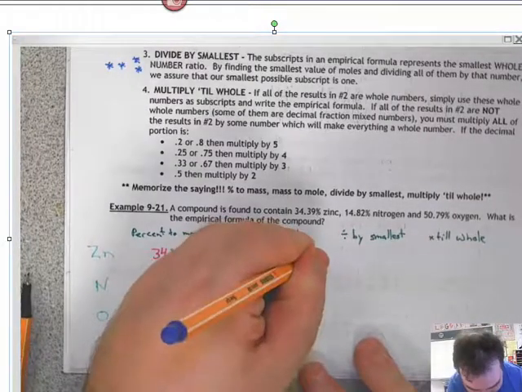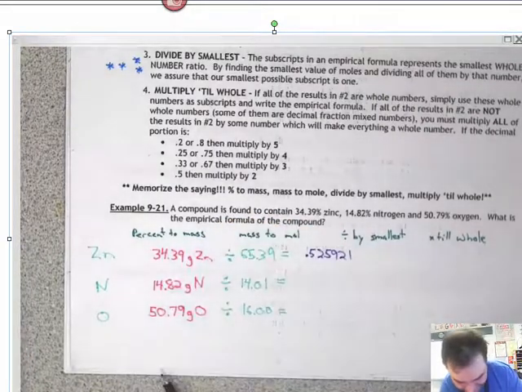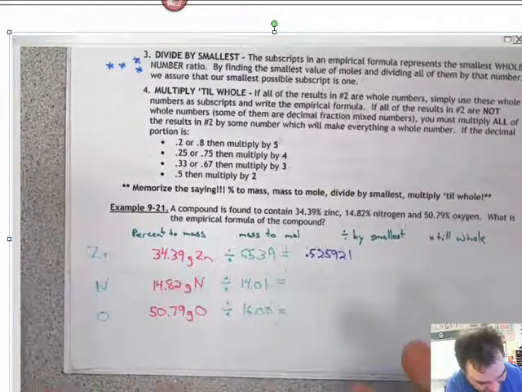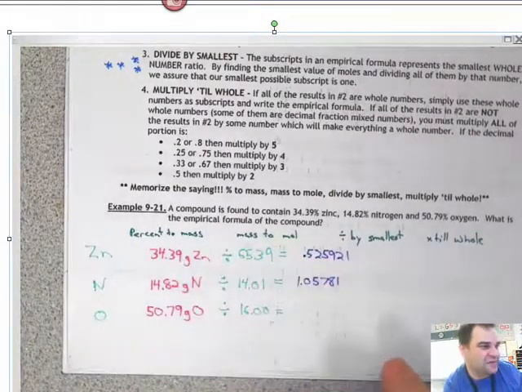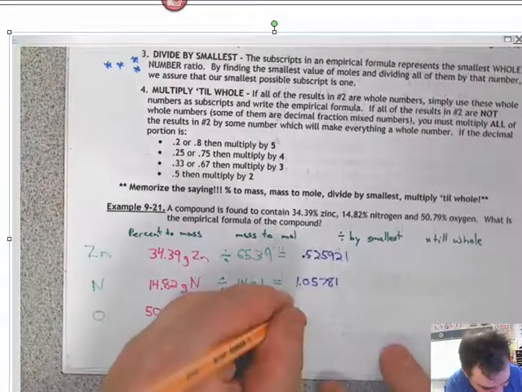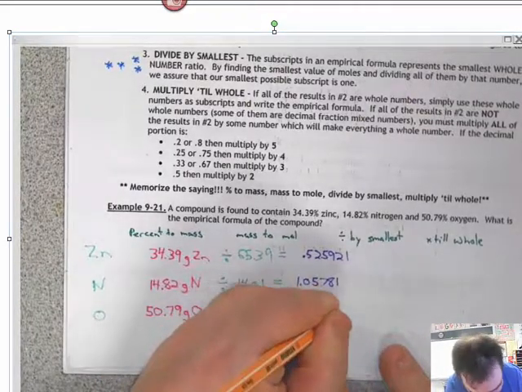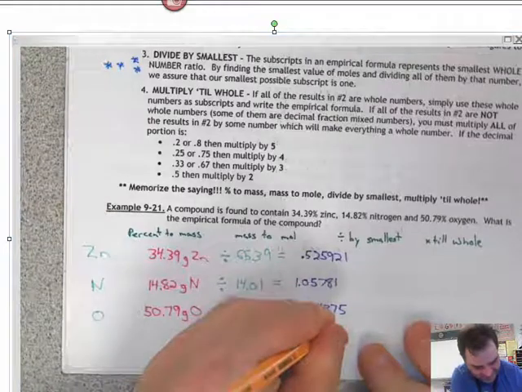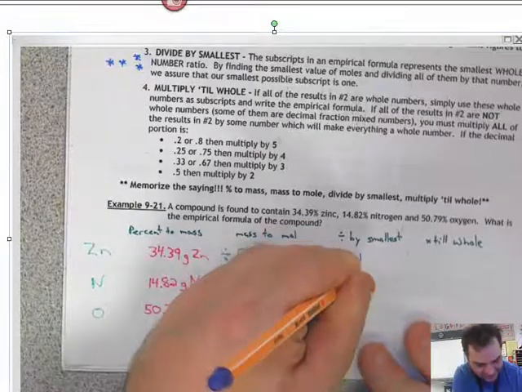I write out 0.525921, and I write out 1.05781. A bunch of numbers, because these middle numbers really don't matter. We do not want to be rounding here. That's the big thing. And 3.174375. Okay? So this is my moles of oxygen, this is my moles of nitrogen, and this is my moles of zinc. Okay?